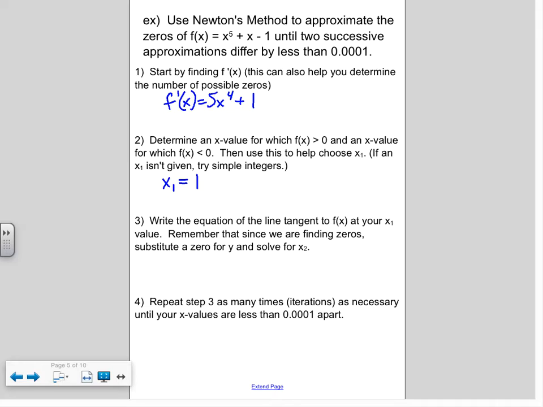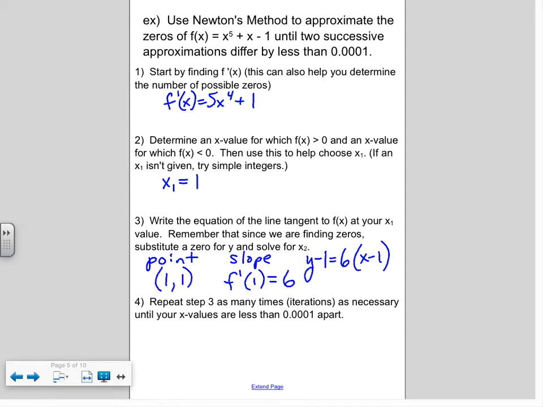In order to write an equation of a tangent line, we need a point and a slope. So our point, we use the original function, and it's (1, 1). Our slope, we find f prime of 1, so our slope is 6. So our tangent line equation is y minus 1 equals 6 times x minus 1.